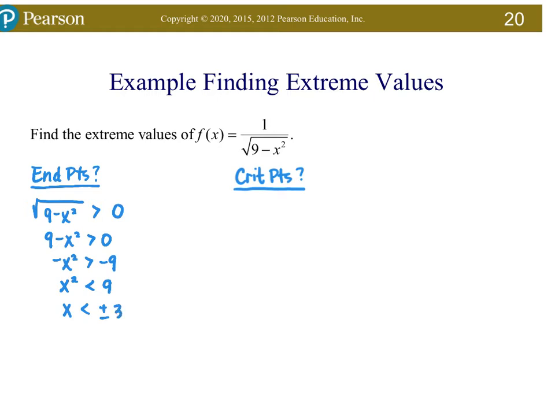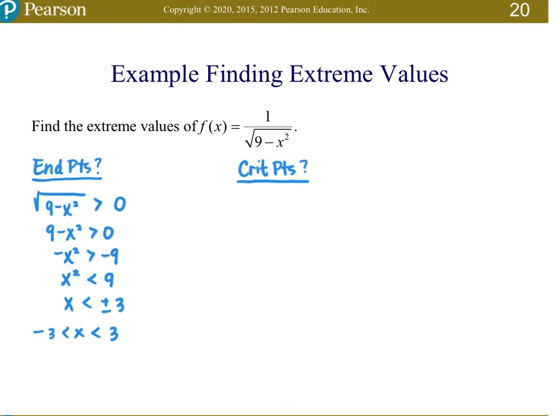So when you have a plus or minus, the negative goes on the left and the positive goes on the right. So now we have our endpoints of the interval. Negative 3 is the left endpoint, and positive 3 is the right endpoint. Okay, so we've got our endpoints set here.